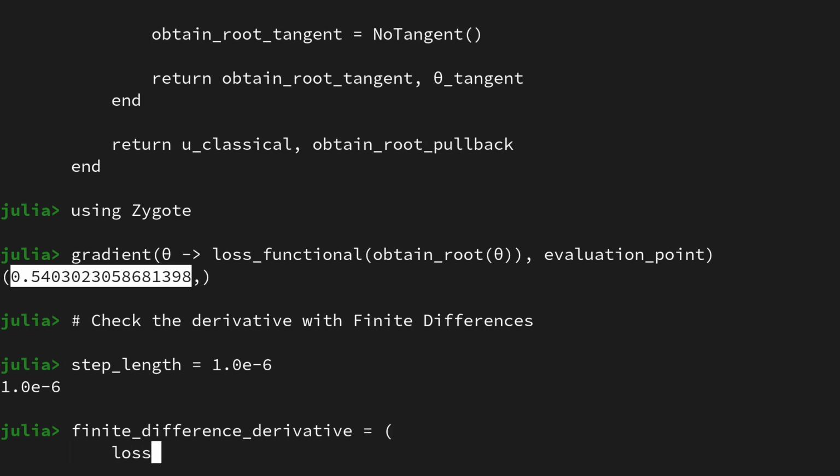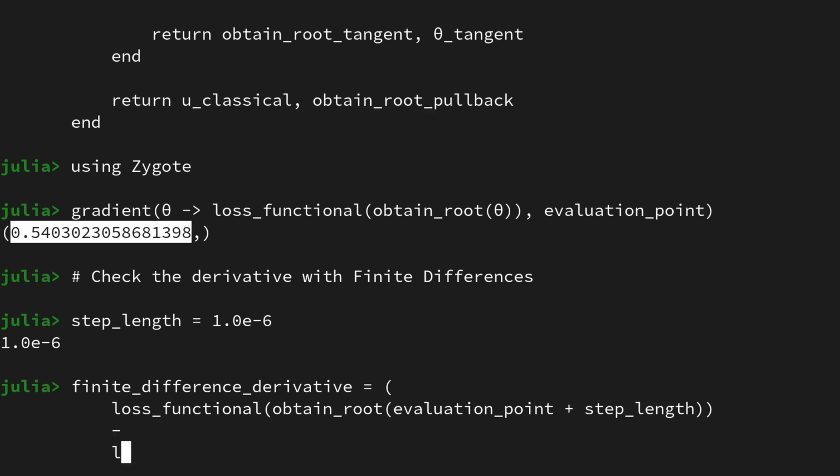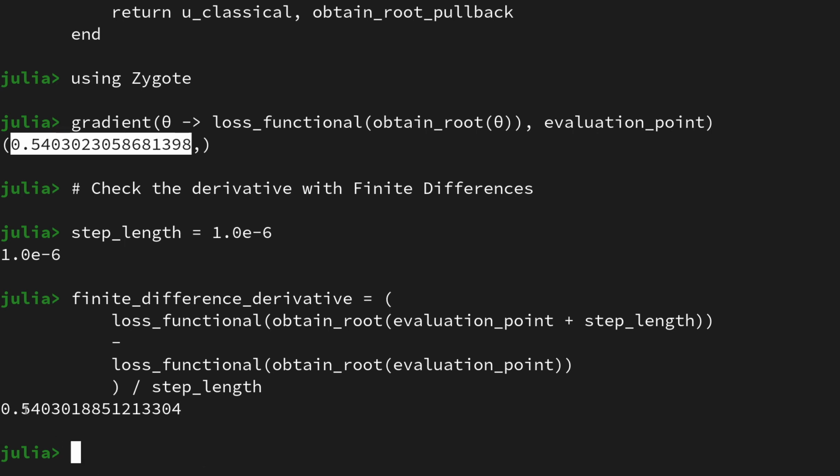So we first evaluate our loss functional at obtain root at the evaluation point plus the step length. And then we are subtracting the loss functional at obtain root at the evaluation point. And then we have a closing bracket, and we will divide by the step length. And here we go. This is the derivative according to finite differences.